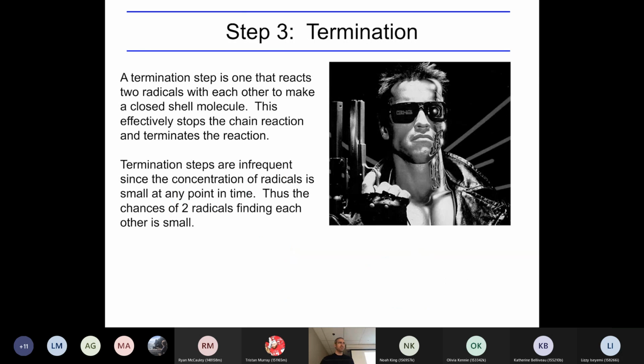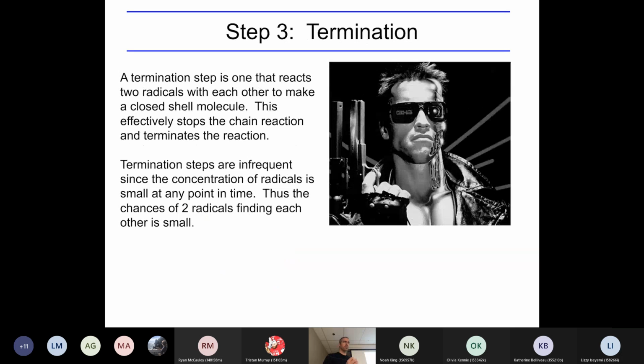There's actually another way that we can stop these reactions, and it's called termination. So we have an initiation step that takes closed shell molecules and makes them into radicals. You have propagation steps, which start with a radical, end with a radical. Termination takes 2 radicals and combines them to make closed shell molecules again.